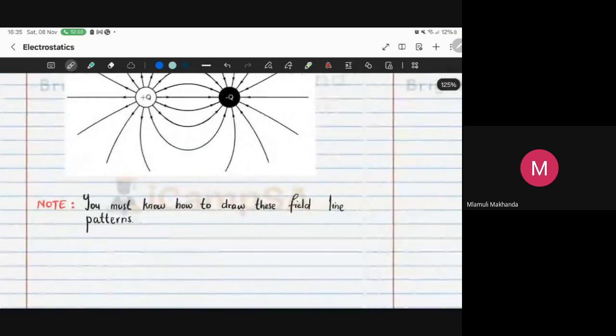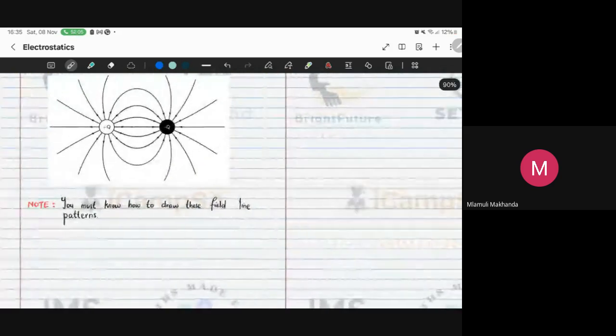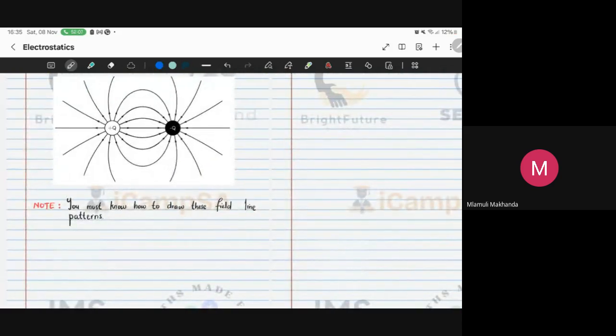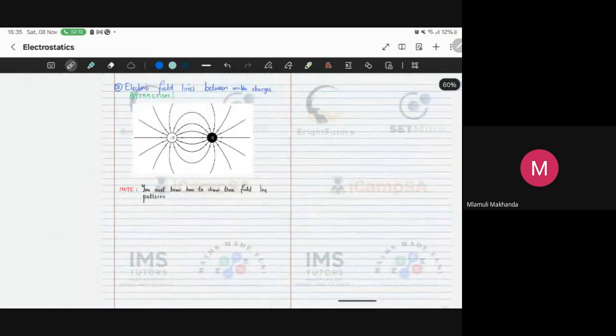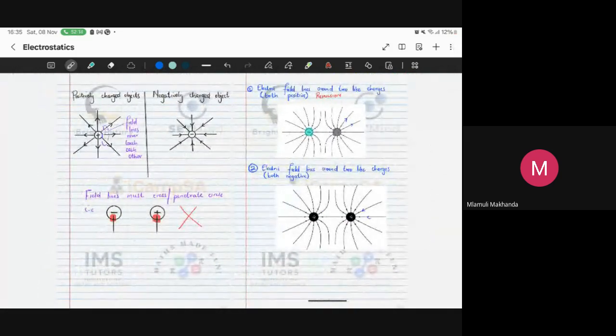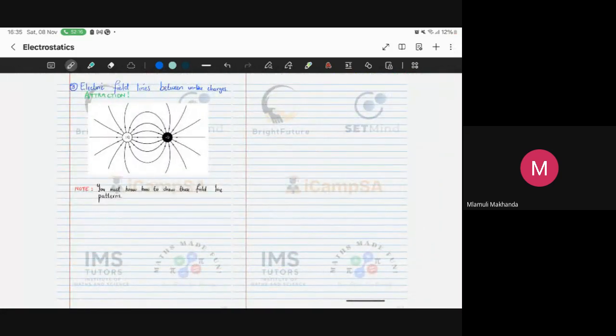Very important. They will be in your exam in one way or another. So that's all there is to know about the electric field. There's nothing more or nothing less.